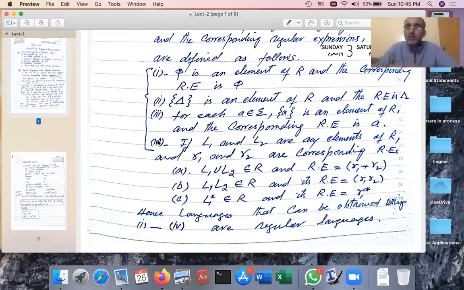Or in a short version, the languages that I can produce using 1 to 4 would be called regular languages.